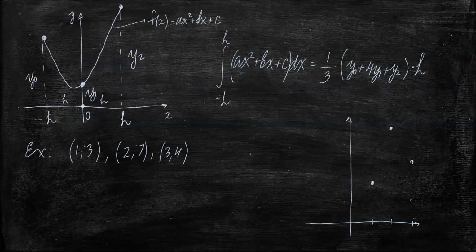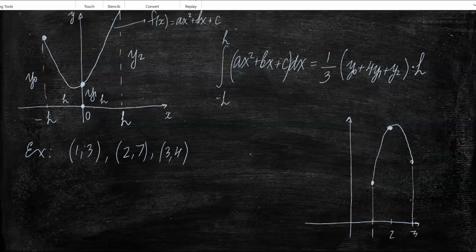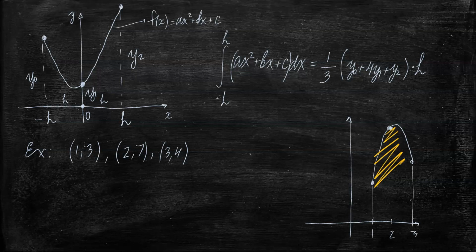So it's like an upside down parabola. It's going to look something like this, right? And the question is, what is the area underneath this parabola, like this right here? What is this area?